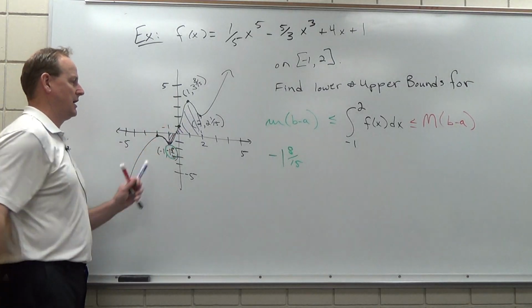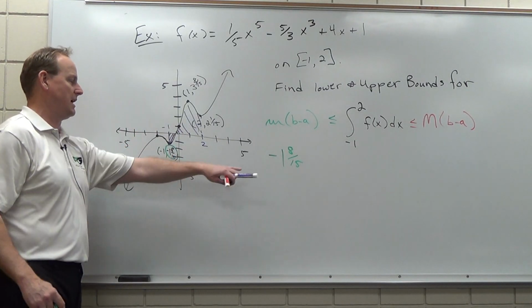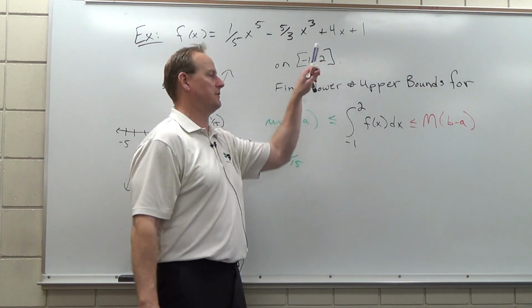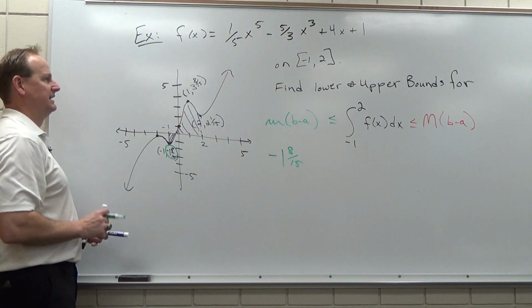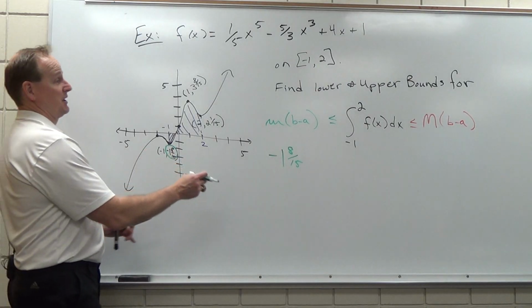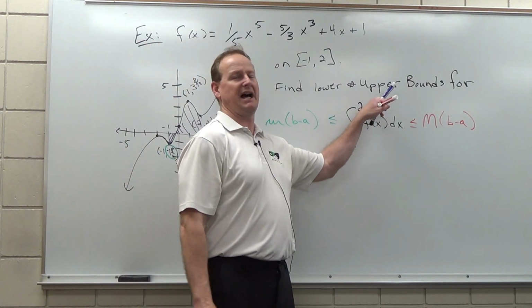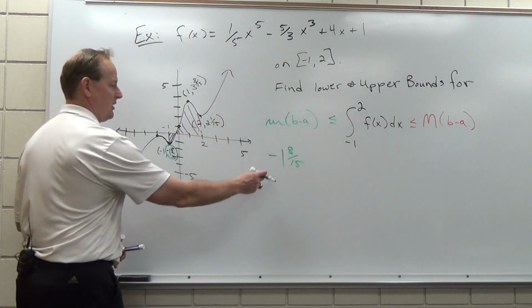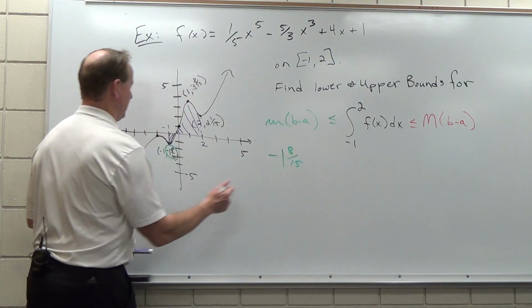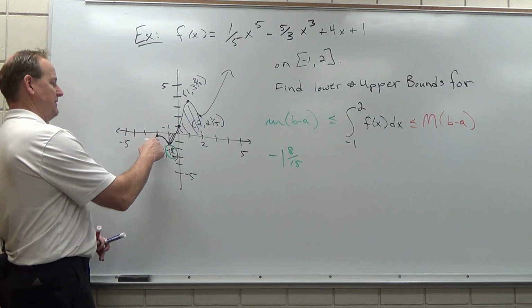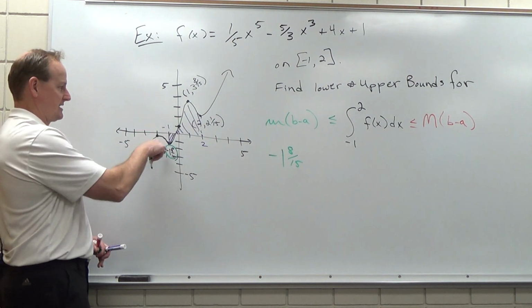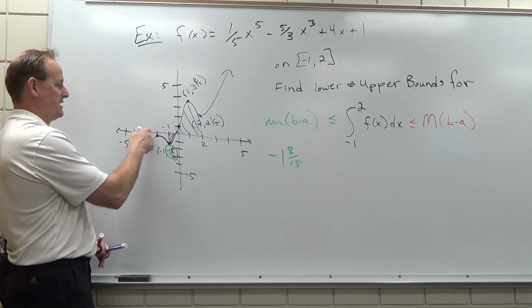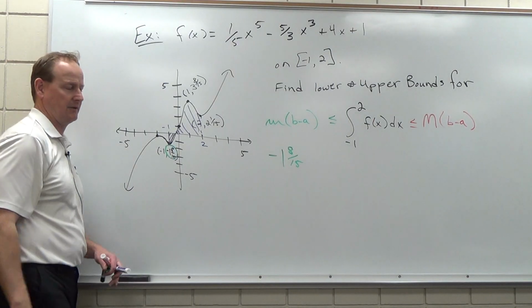So these tick marks all represent ones. But anyway, on this closed interval, the absolute minimum height actually occurred at that left endpoint. Now I could have actually gone from -2 to +2, and I would still have to use -1 and 8/15, because even if I extend it over here, the absolute minimum height is actually lower than where it is between -2 and -1 for the x's.